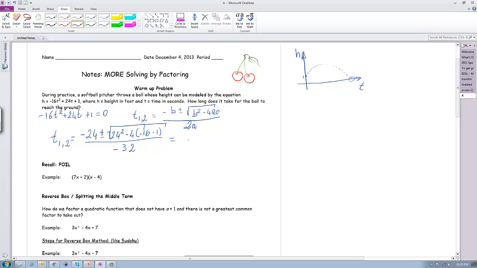If we go through the computations, we're going to find two values for t, the two solutions, t1 and t2.